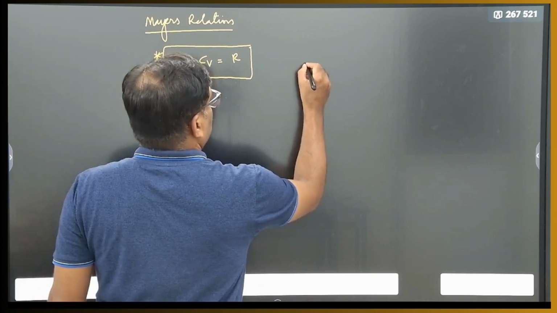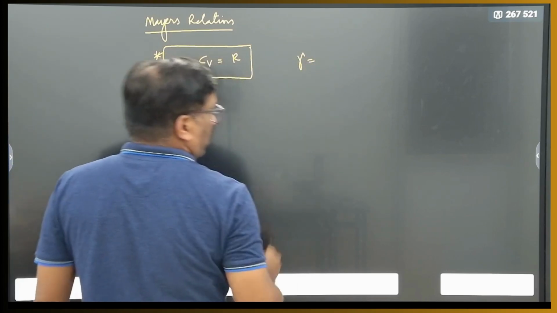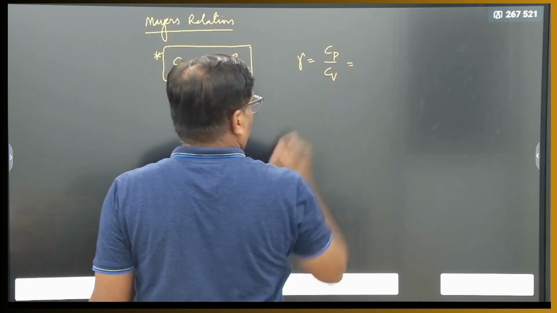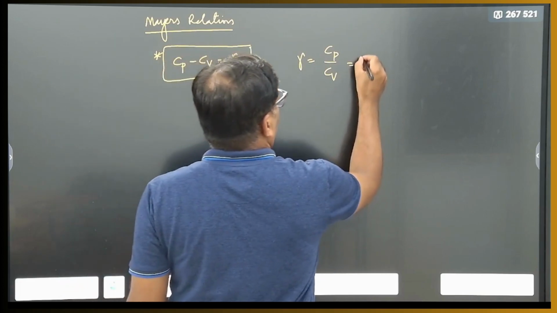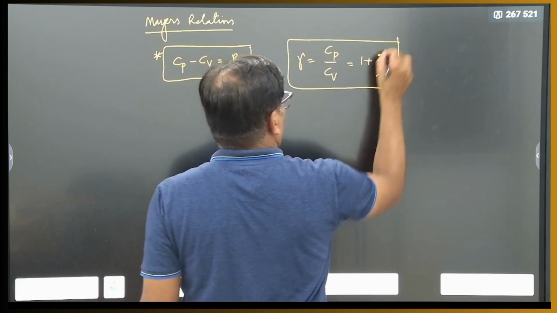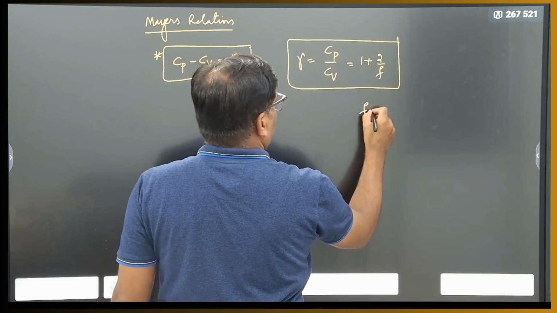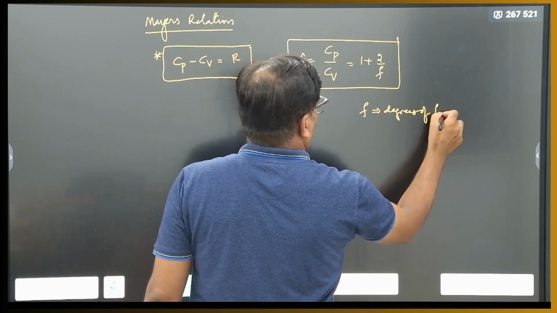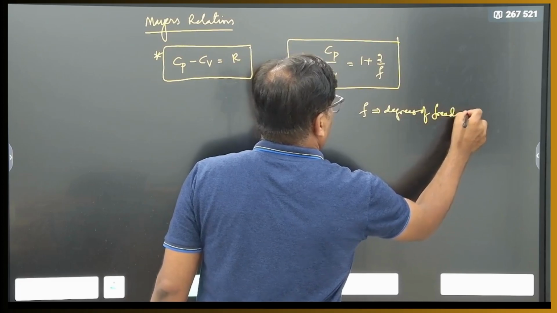Now, gamma is the ratio of the specific heats, Cp by Cv. What is the formula here? The gamma value we can write as 1 plus 2 by F, where F is the degrees of freedom. What are degrees of freedom?